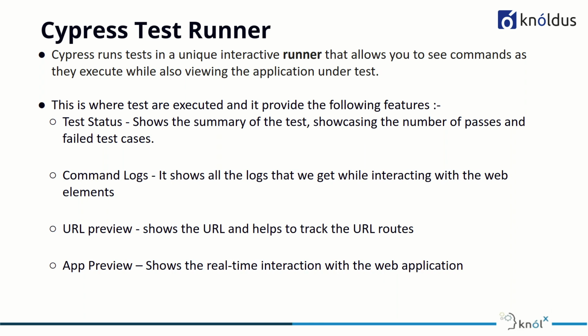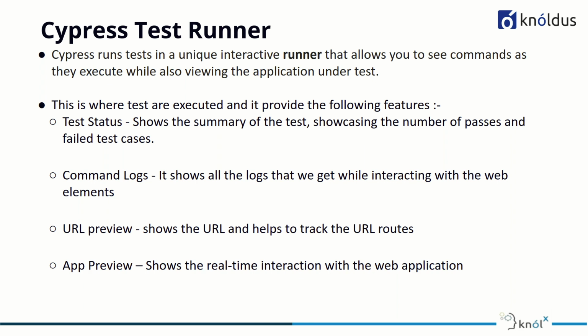Moving on, Cypress test runner. I have already mentioned the test runner a couple of times in the previous slides as well. So the Cypress runner is nothing but an interactive medium to see our test cases getting executed.